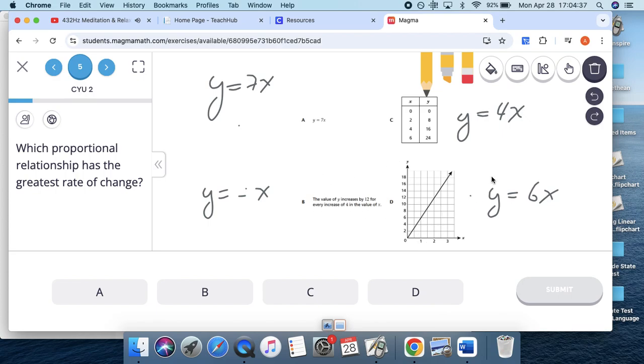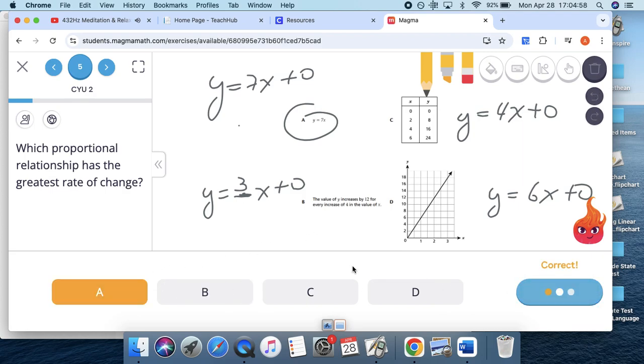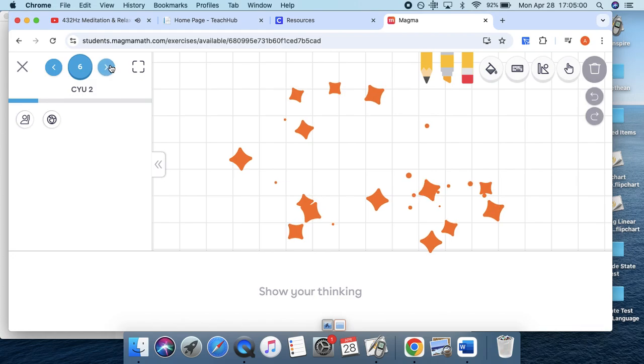And here's my y-intercept, this is plus 0. We don't actually have to write it, but that's what it says. And this one was, I believe, 3x. So which one has the greatest rate of change? A. And I don't know why that question repeated. Whoa! Sorry, A. Oh no, I made a mistake.